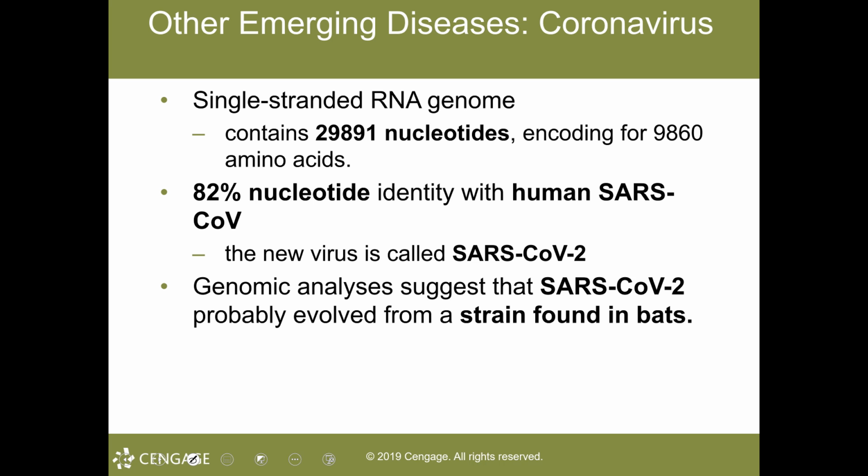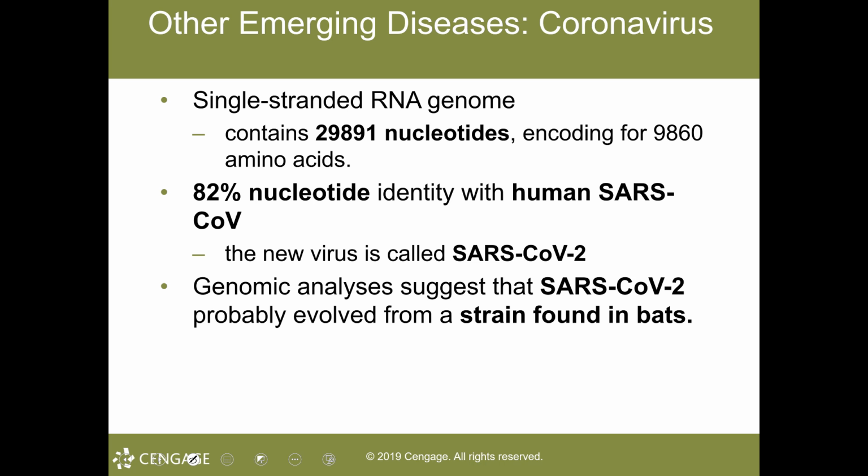Then, of course, 80% of the nucleotide identity is shared with human SARS. So this new virus is the SARS-CoV-2. I would not say that this is totally new; it's just by way of mutations and its evolution.